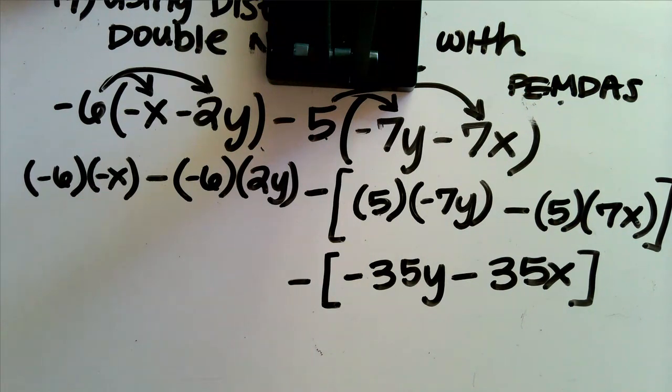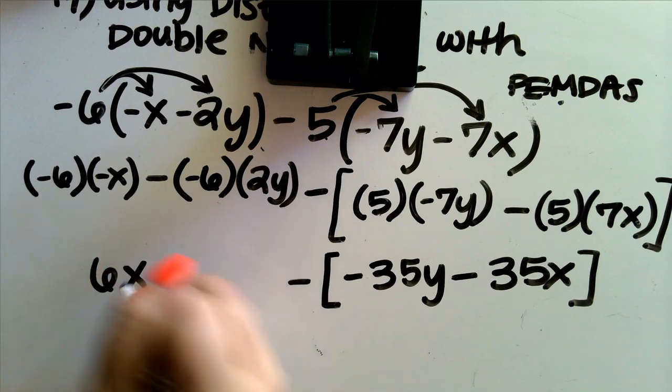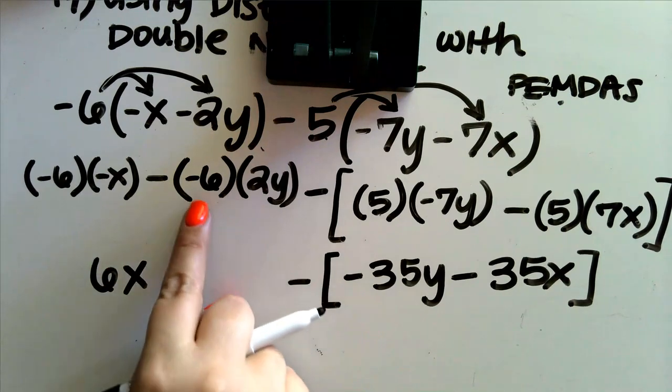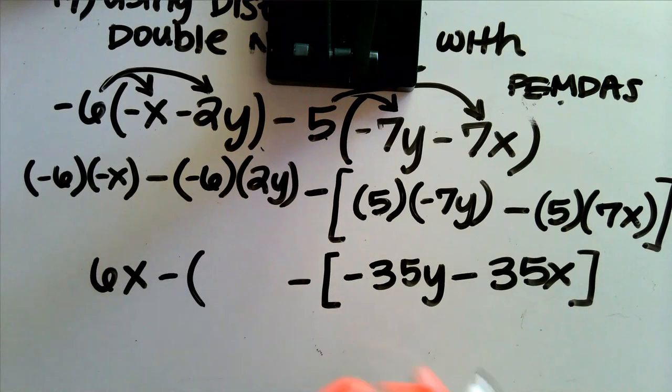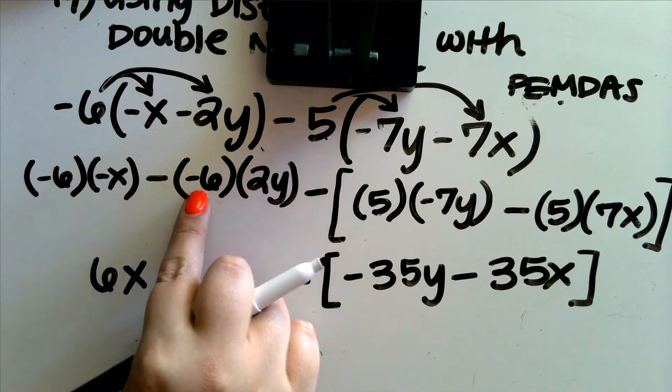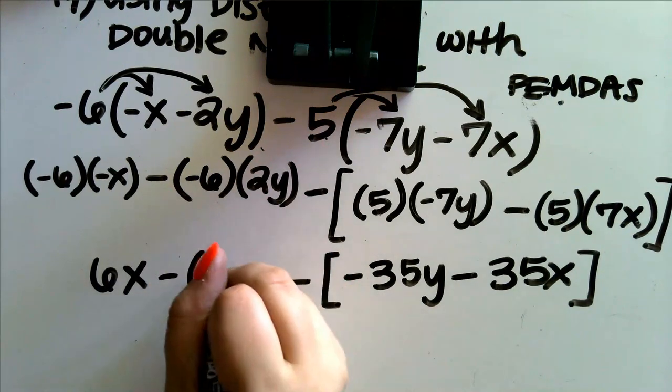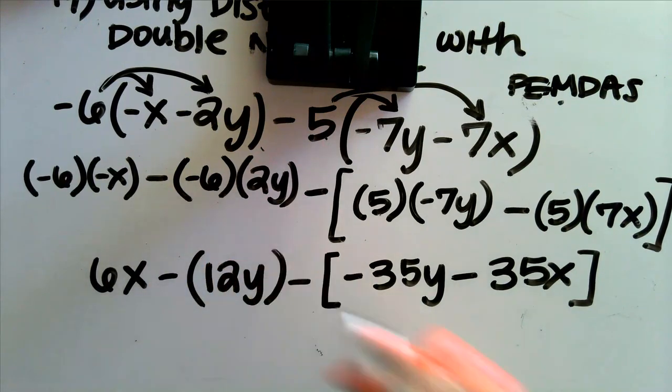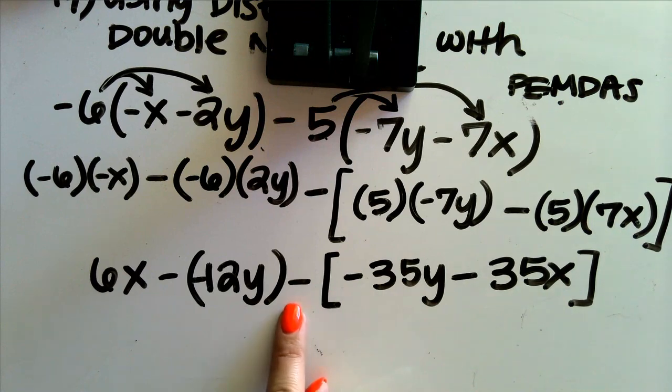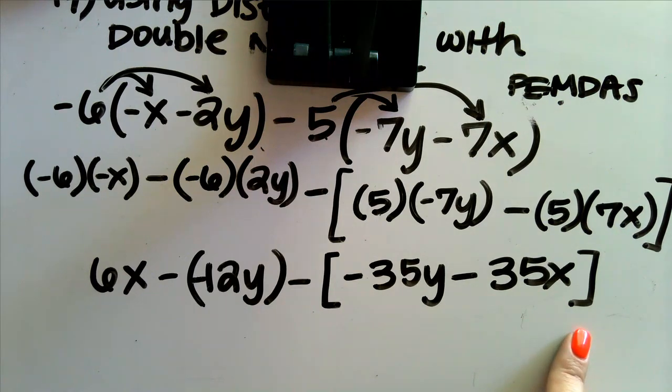-6 times -x is a positive 6x. Now, minus -6 times positive 2y is -12y. Now, going back here, thinking about our second set of distribution that we already worked on.